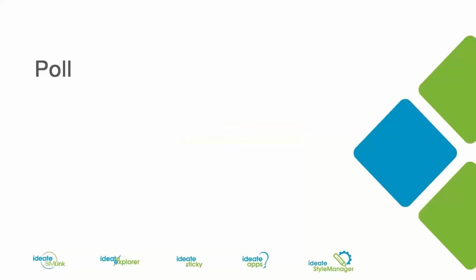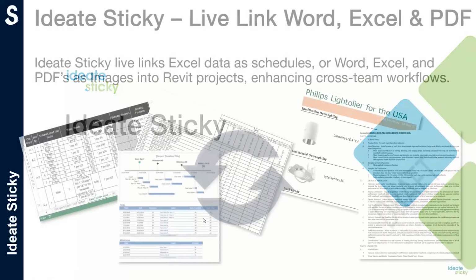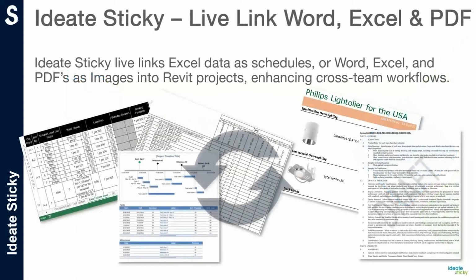Yep, absolutely. Okay, so let me see if I can advance this, and it's still showing. Yep, good. Okay, so Ideate Sticky, as you know, for a number of years, we've had the ability to take Excel data and link it into a schedule format within Revit, and be able to update that.